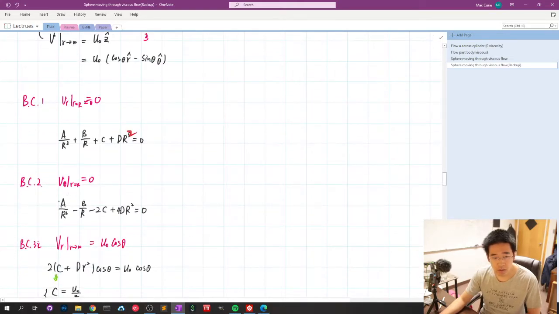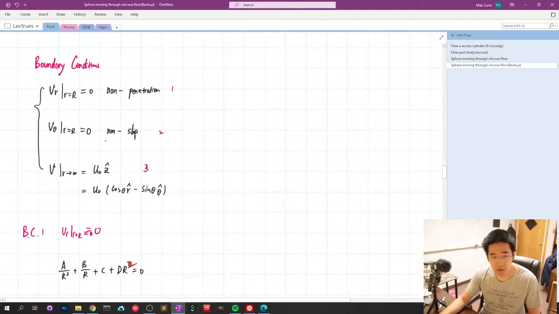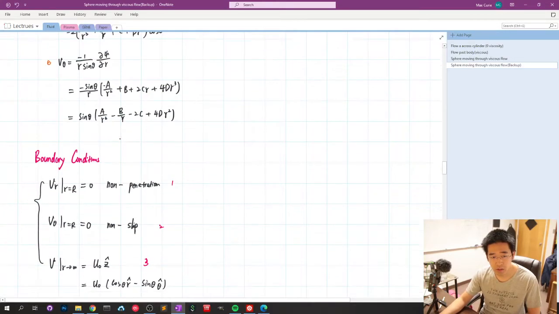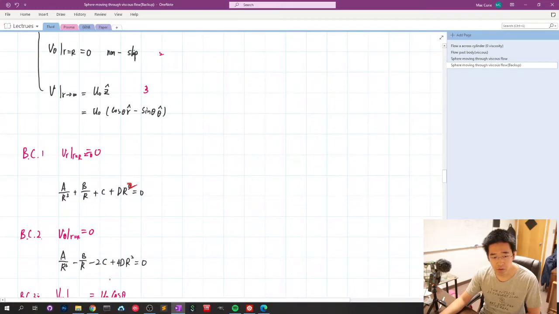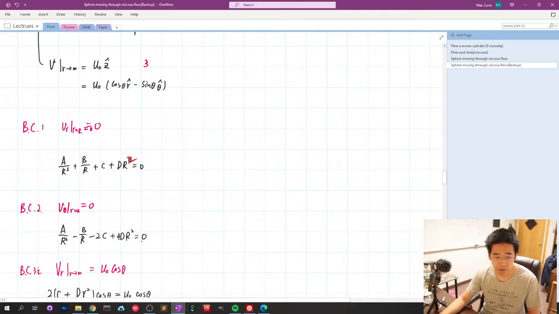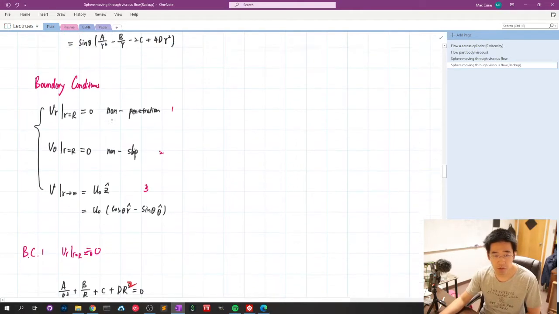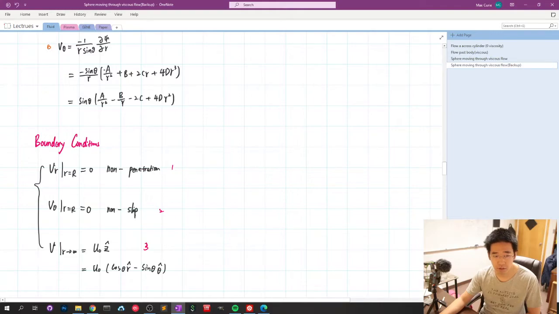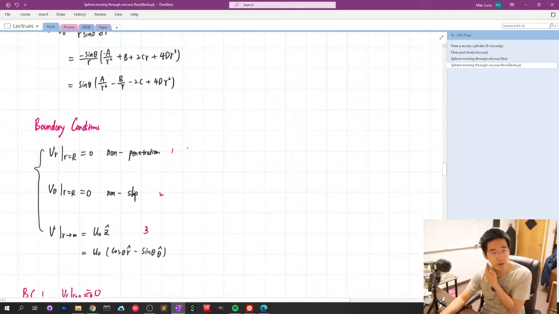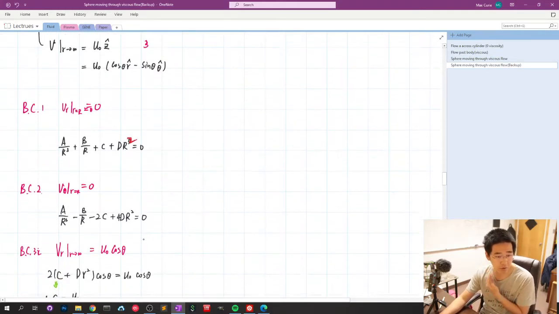And the no-slip V_theta, here we have this expression, because theta doesn't matter either. Basically, we just substitute small r with big R, and equal to 0.